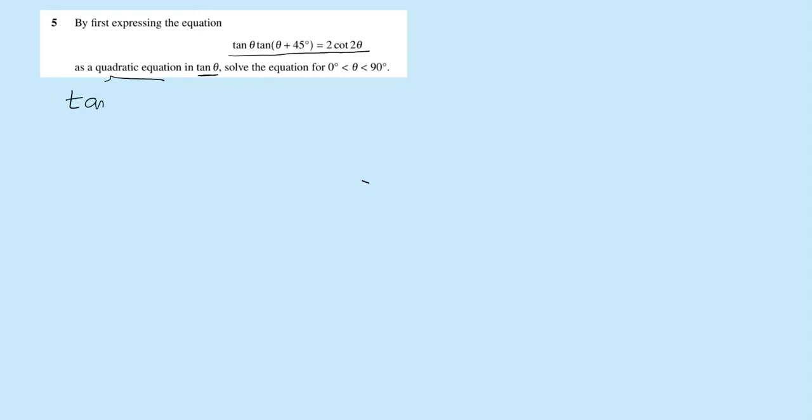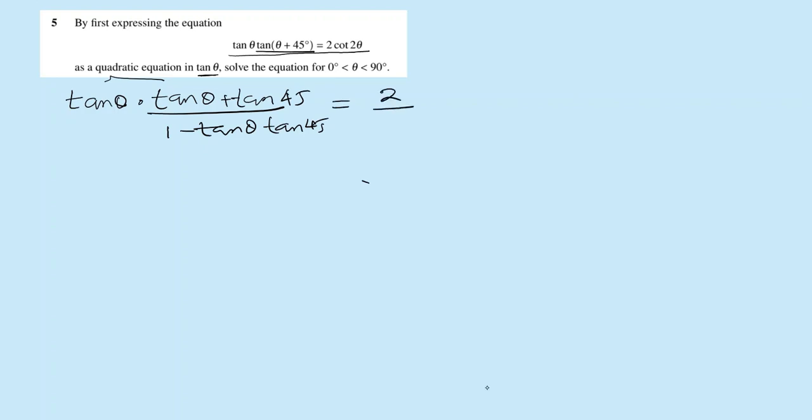Tan theta will remain tan theta, and we can expand tan theta plus 45 as tan theta plus tan 45 over 1 minus tan theta tan 45, and 2 cot 2 theta can be written as 2 over tan 2 theta, because tan is the reciprocal of cot. Okay, so we know tan 45 is 1, so we'll replace that by 1.